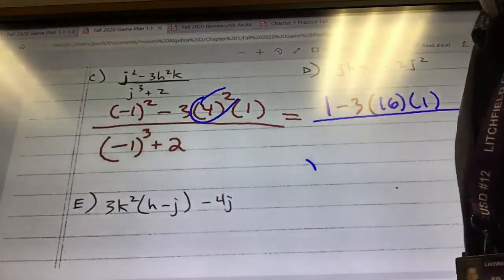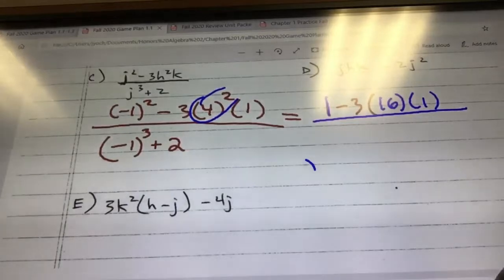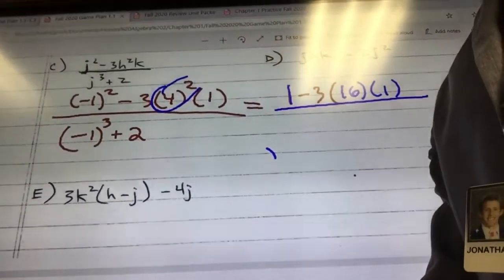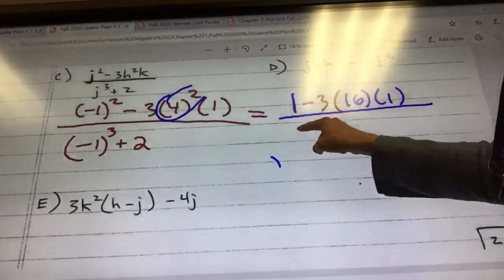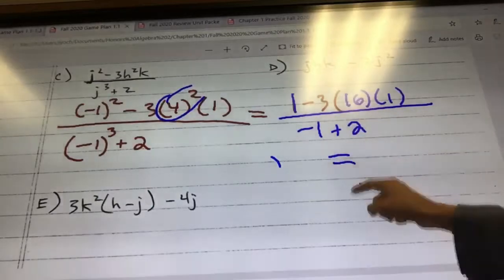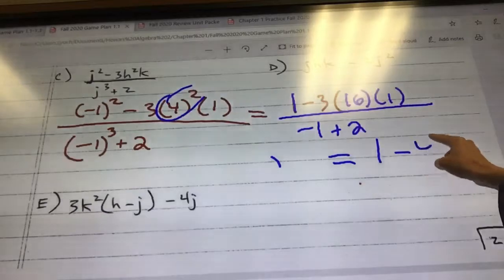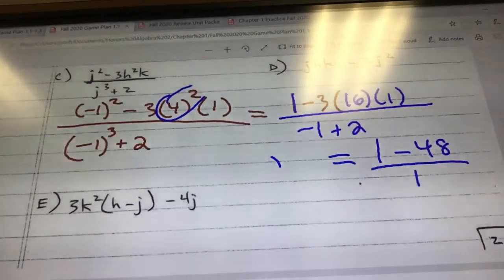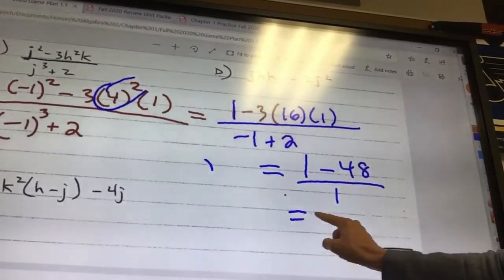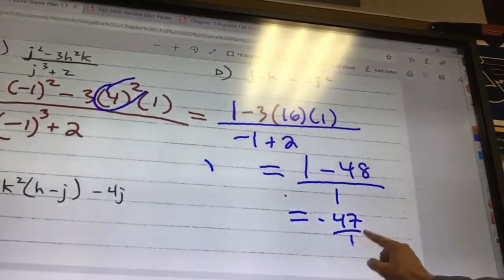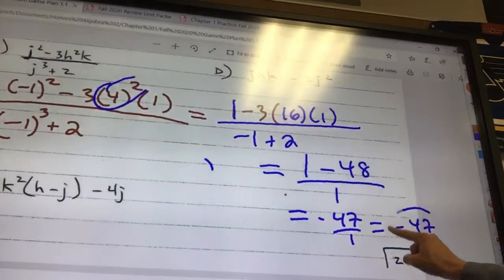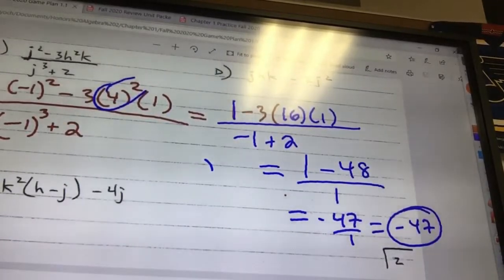Negative 1 to the third is negative 1 times negative 1 times negative 1, which is a negative 1 plus 2, which gives you 1 minus, this is 48 over a positive 1. Negative 47 divided by 1 is a negative 47. Okay.